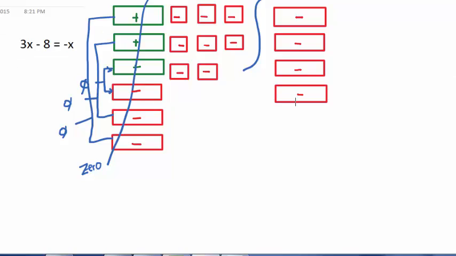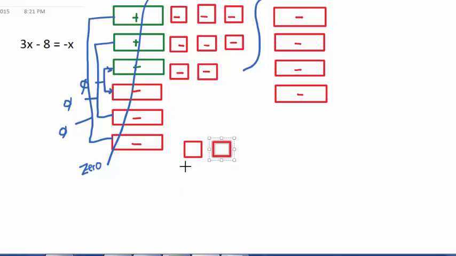So let's see the value. I have negative 8 here, and I have negative x here. That means I can replace or change this a little bit in a nice way to facilitate the value. That means I can put 2 squares in front of each variable to make it equal.